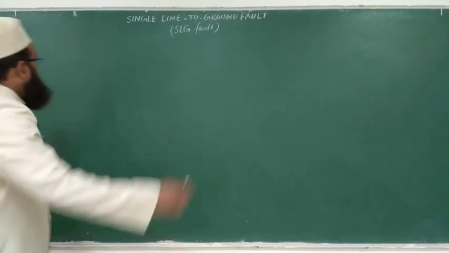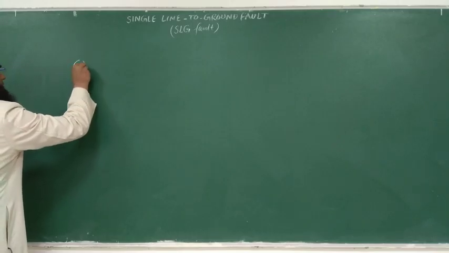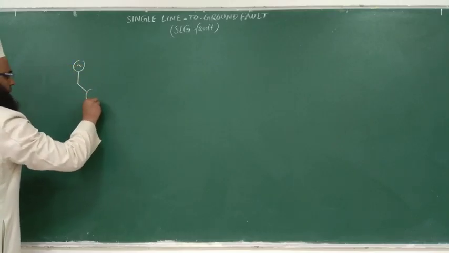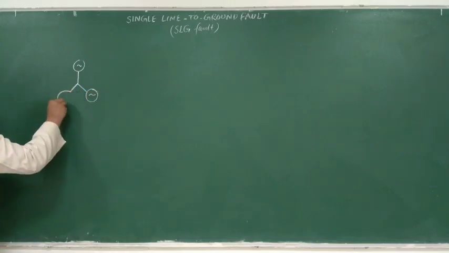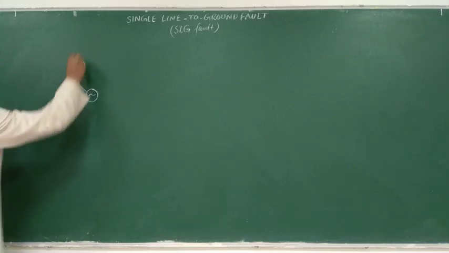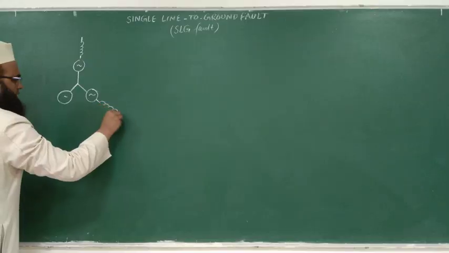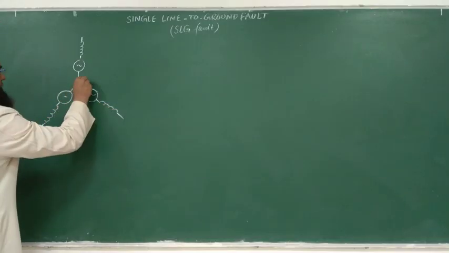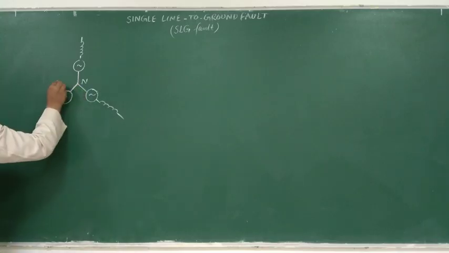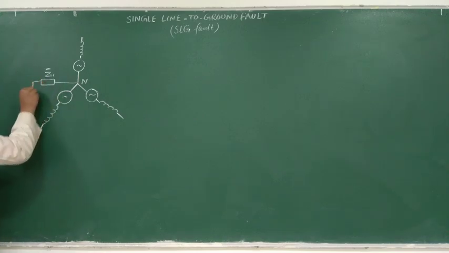So let us draw a three-phase network. Let us say this is a three-phase network. This is neutral, and this neutral is grounded through, say, this Zn impedance.